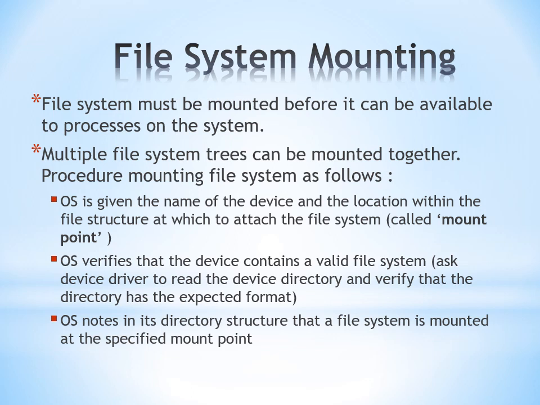The operating system verifies that the device contains a valid file system by asking the device driver to read the device directory and verify that the directory has an expected format. The operating system then notes the directory structure of the file system that is mounted at a specific mount point.